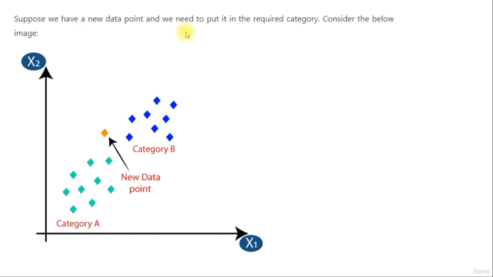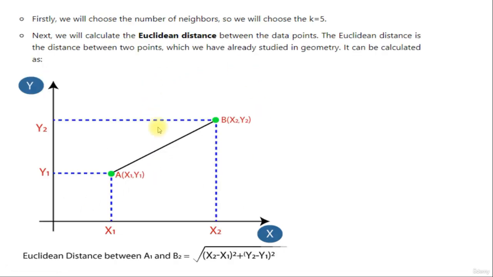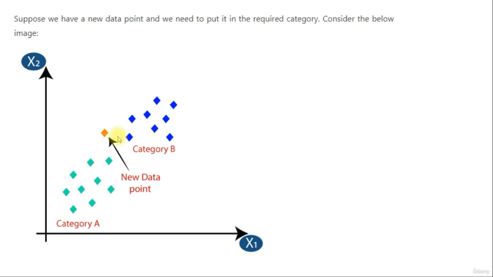Suppose we have a new data point and we need to put it in the required category. So here category A is in light blue color and category B is in dark blue color, and we have a new data point in orange colored mark. Now we want to classify it into either category A or category B. So let us say we assume that k is equal to 3, that is the number of nearest neighbors of this data point, and we are going to consider 3 nearest neighbors for this data point.